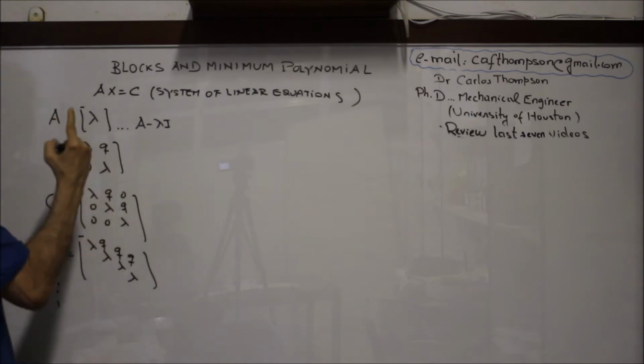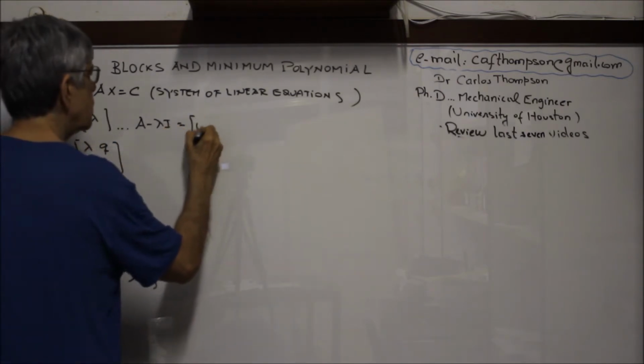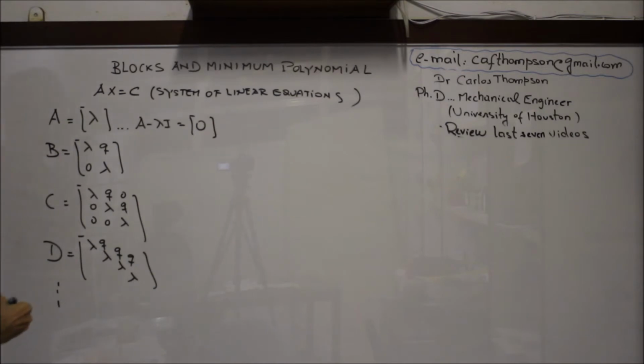Now, let's write what is A minus lambda I. This is just one element, equal to the matrix 0.